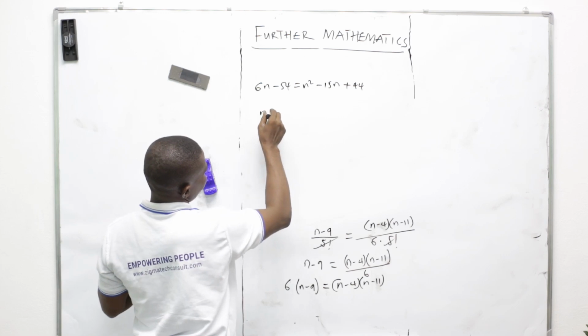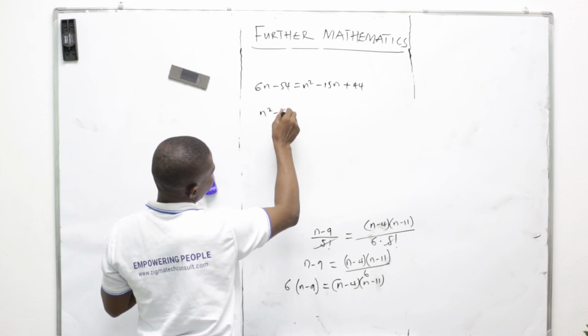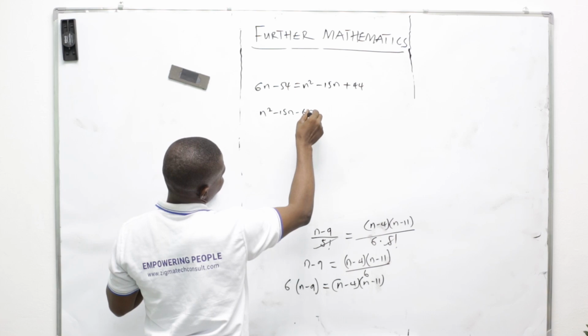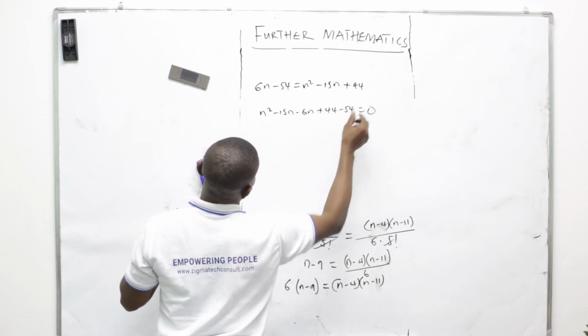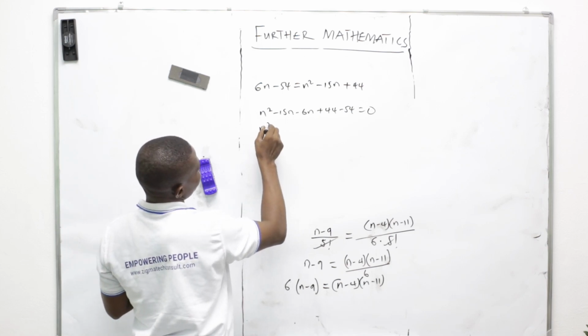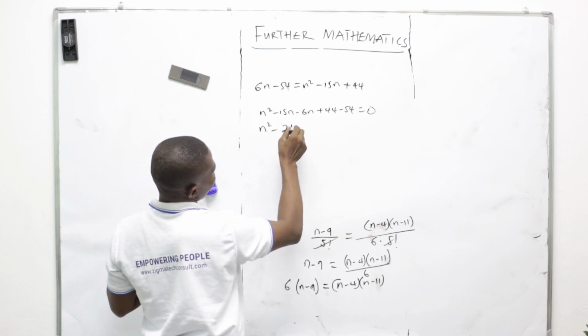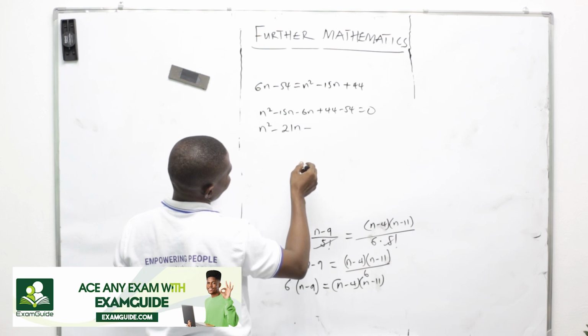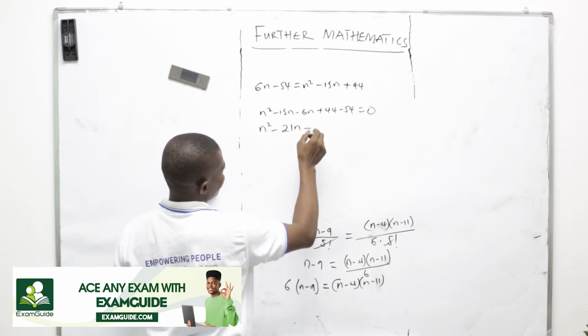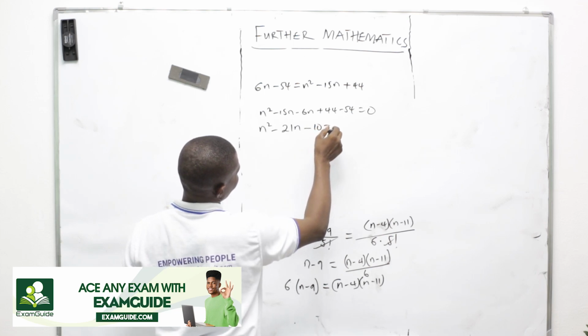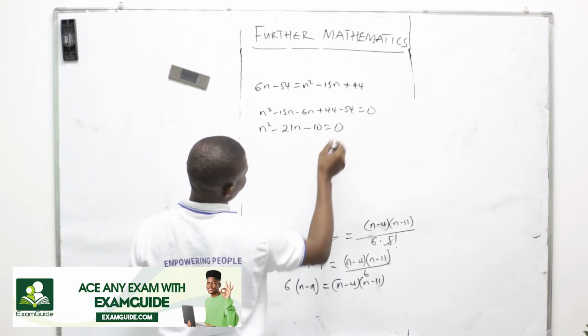So n squared minus 15n minus 6n plus 44 minus 54 equals 0. n squared minus 21n minus 10 equals 0.